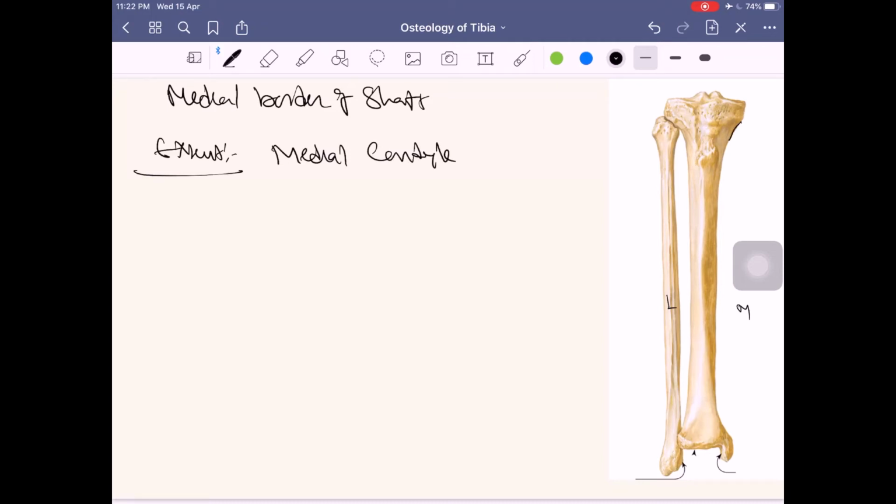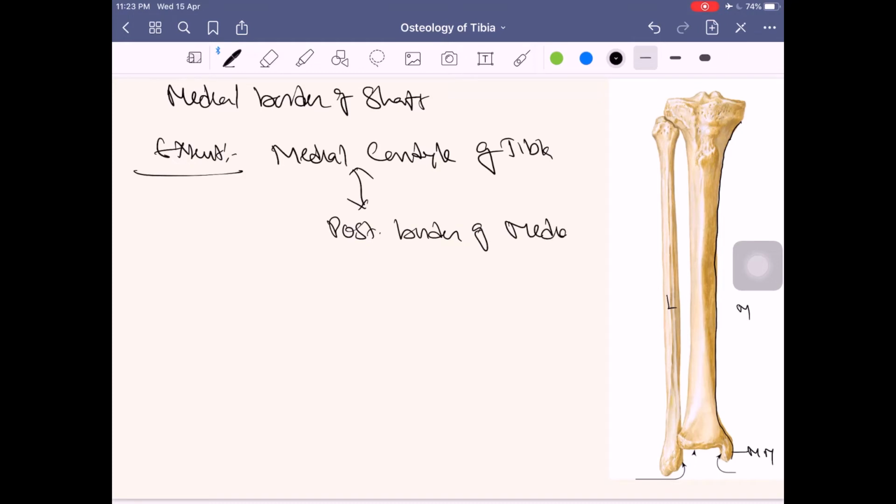You can see from here it goes down all the way. If I draw this line, hopefully I should not shake, you see it is going back. Thereby it forms the posterior boundary of the medial malleolus. The extent is from the medial condyle of the tibia, the upper end, to the lower end, where it forms the posterior border.